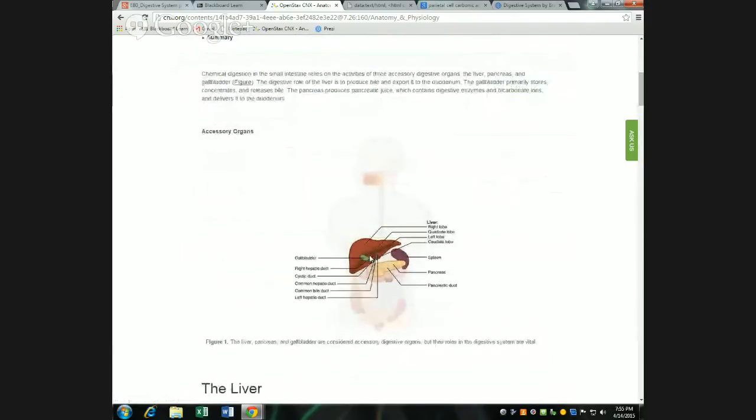So this picture is showing you the liver and the gallbladder and the pancreas, which sit basically on either side of the duodenum, and they both connect to the duodenum. The liver is making bile, and the bile duct from the liver connects to the duodenum, and the pancreas is making its own digestive juices, and the pancreatic duct connects there too.